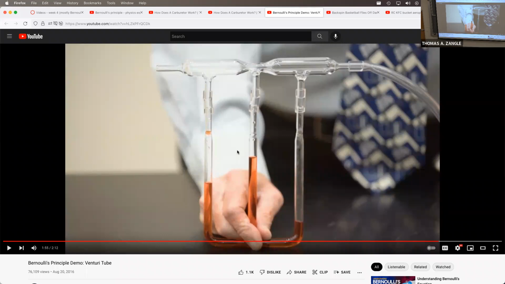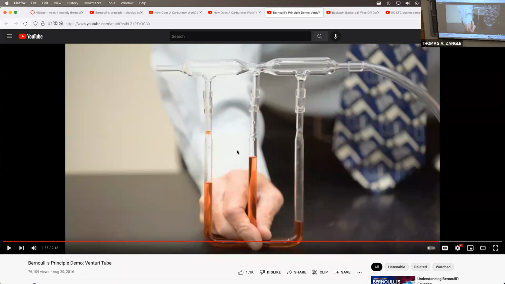Right. And they're both the same z. And so you would predict solely from the Bernoulli equation that this manometer should be at the same height, right, between these two velocities.